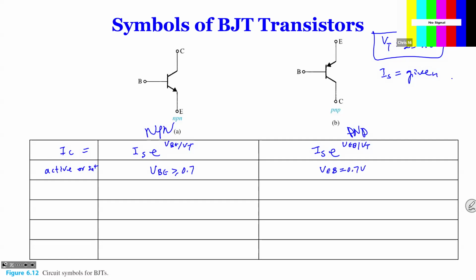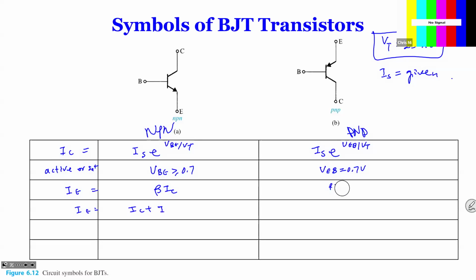One is VEB, one is VBE. And then for other relations, like IC equal to beta times IB.